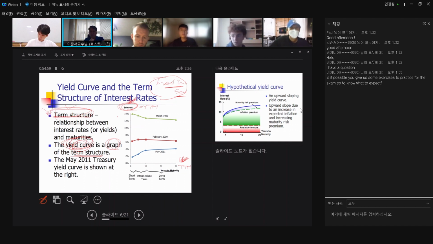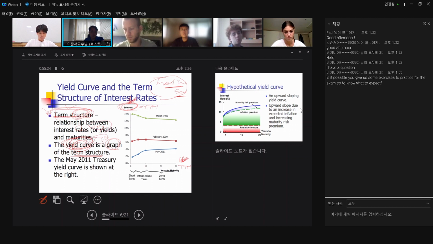So the term structure is so important. The term structure shows the interest depending on the period, the relationship between interest rate or yield to maturity and time to maturity, okay?